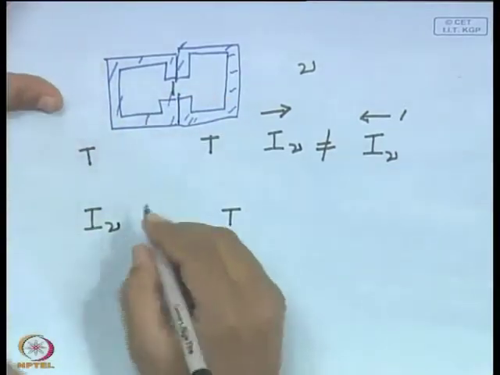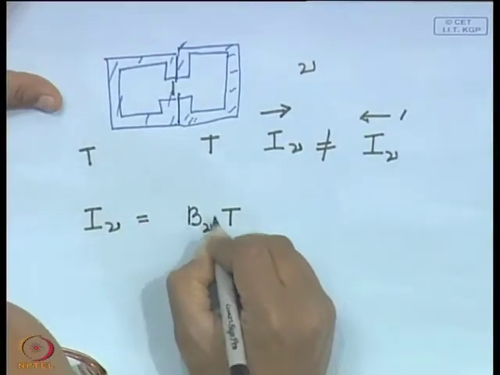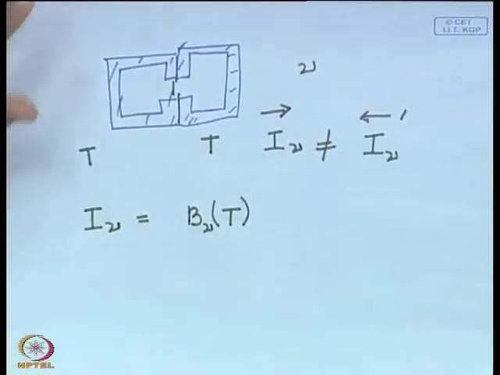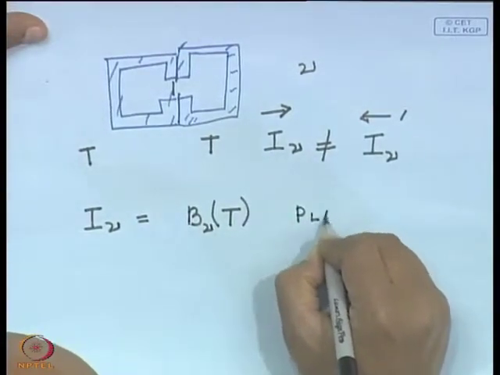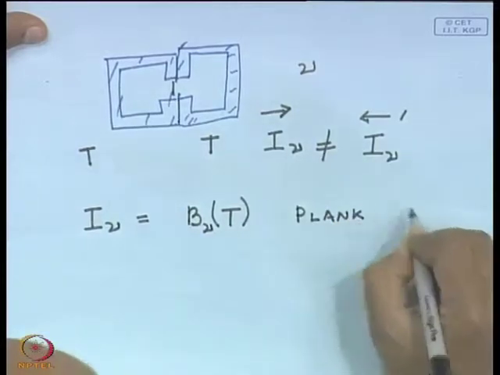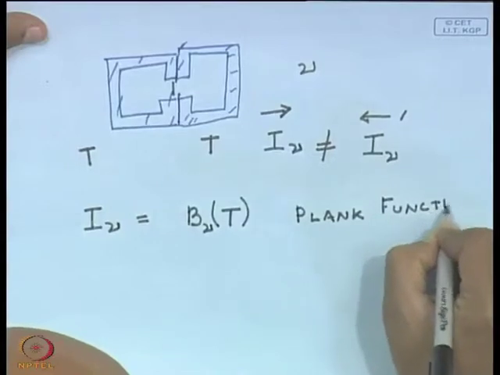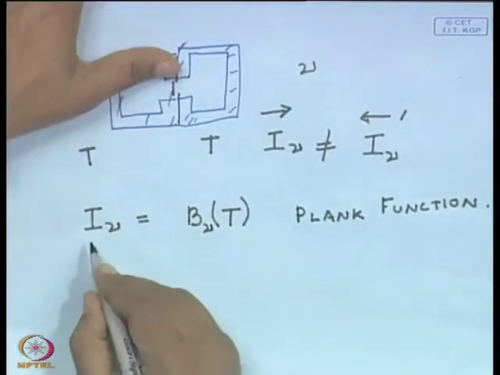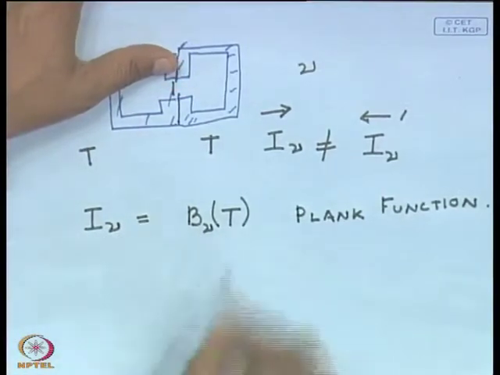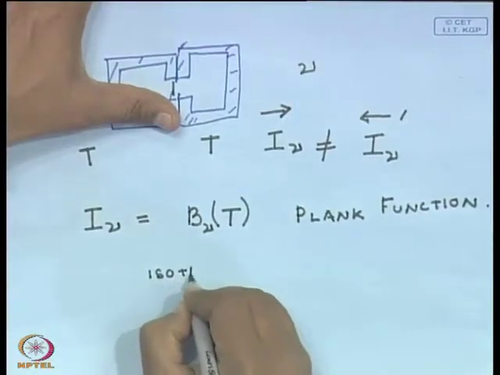And this universal function of the temperature we denote by B, and this is the Planck function, it is called the Planck function. So, this is a universal function of the temperature, and it is isotropic, we also see from this.